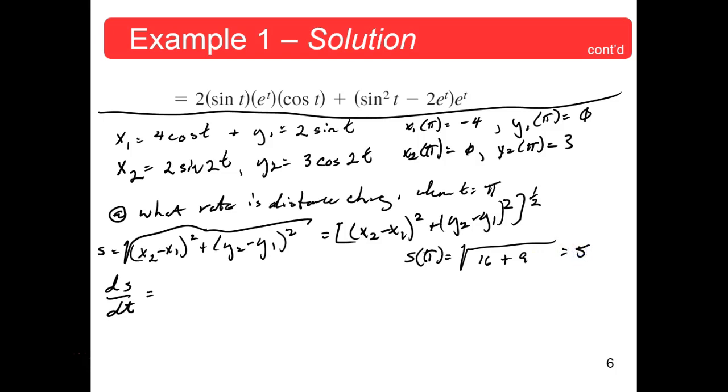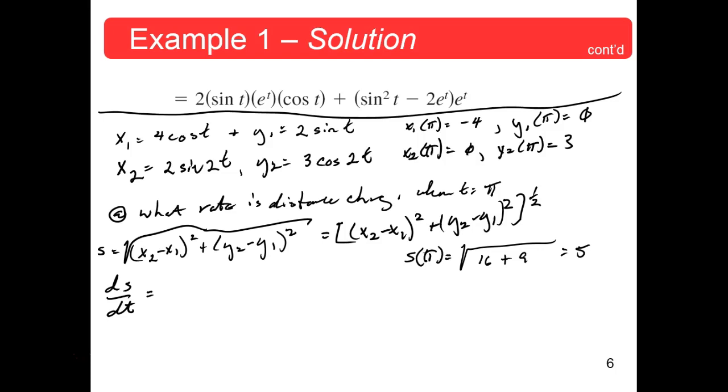So that's where you are. That's the distance apart at time t equal pi. I don't think I would have ever planned to start the problem that way.